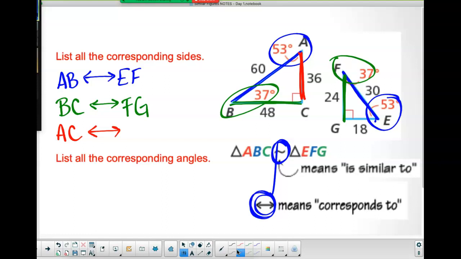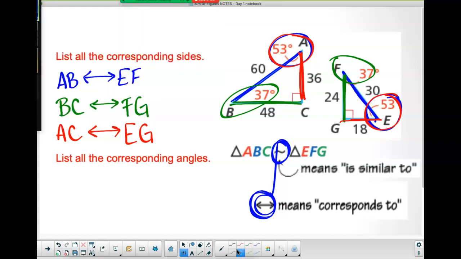Remember, I started with A, which is the 53 degree angle. So on the other triangle, I need to start at the 53 degree angle. So EG. Okay, those are our corresponding sides. They match up with each other.